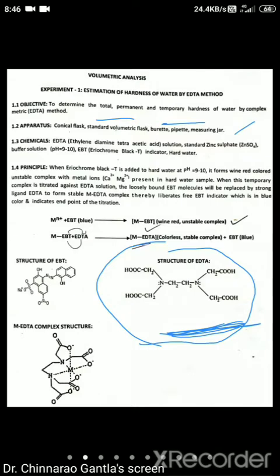What are the chemicals required? Here, these are the chemicals required: EDTA, ethylene diamine tetraacetic acid solution, standard zinc sulfate, ZnSO4, buffer solution, EBT, Eriochrome Black T indicator, and hard water.